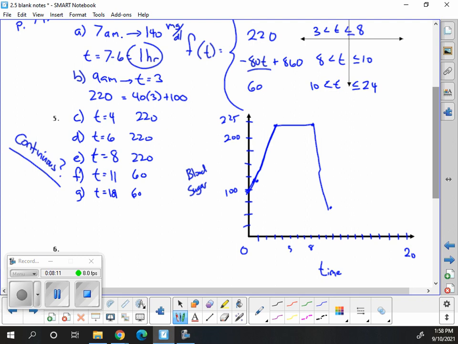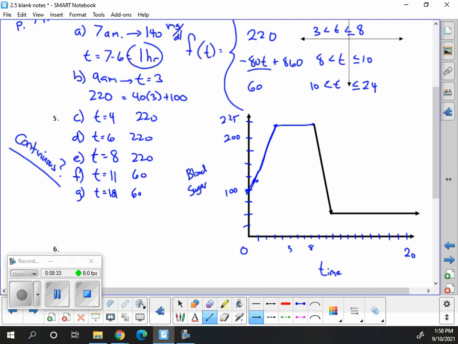There's some kind of interference in the back. And then it's flat 60 from the rest of the time, right?